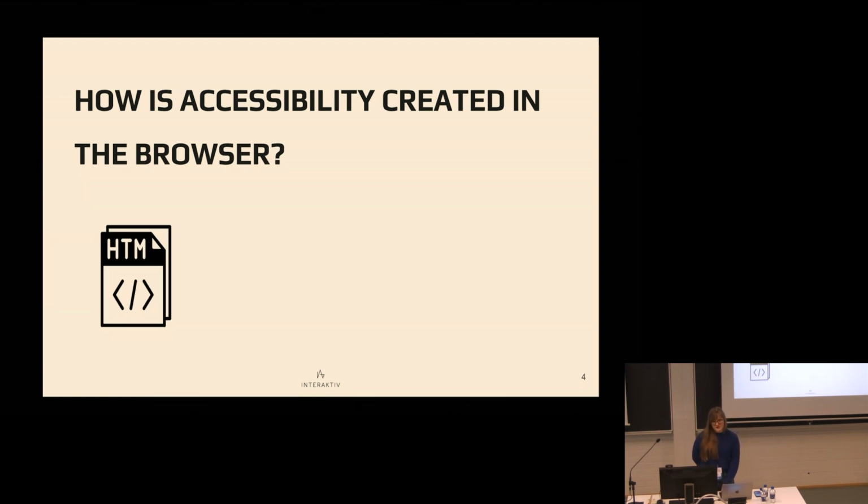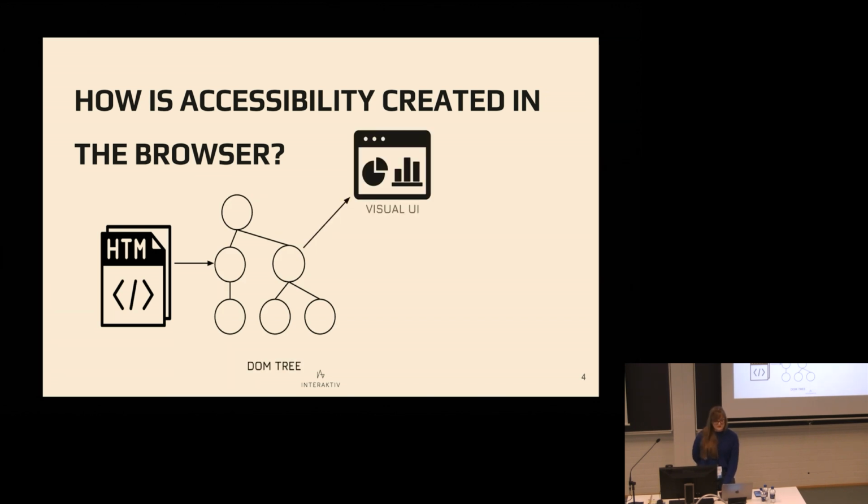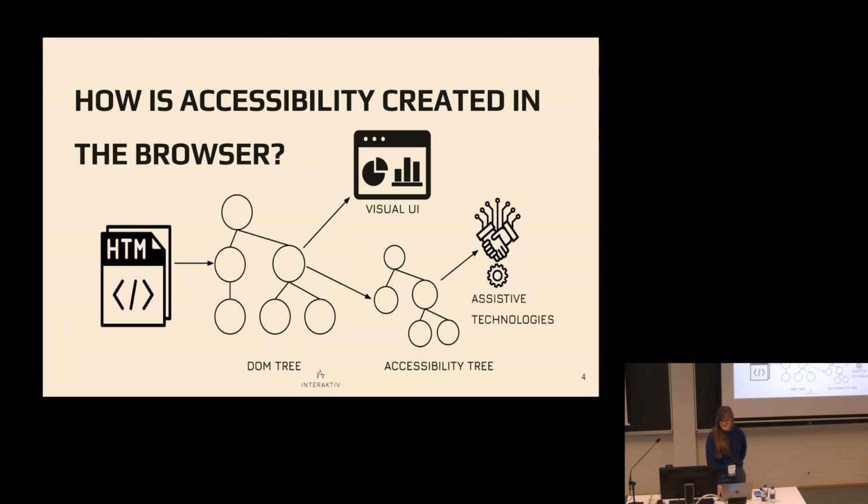And in very, very general terms, it creates a DOM tree that you see visually in your browser. But at the same time, something else is created. And this something else is called the accessibility tree. This accessibility tree is very important for assistive technologies, for example, like screen readers.